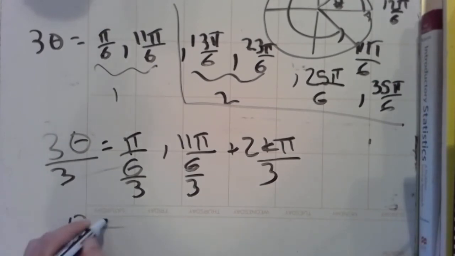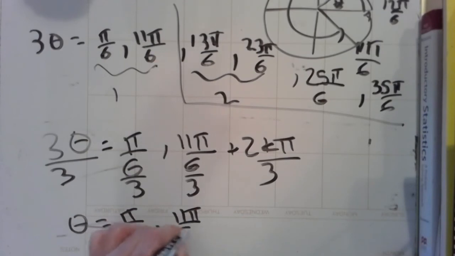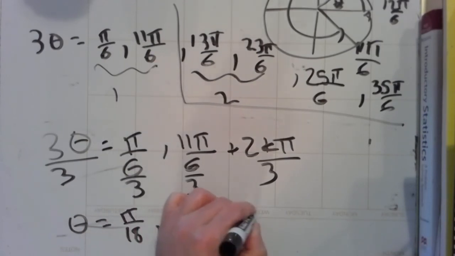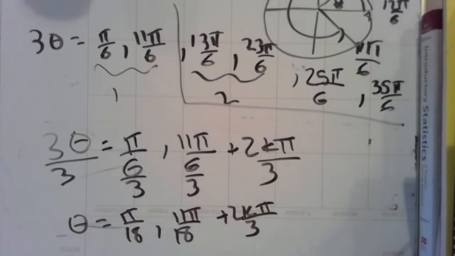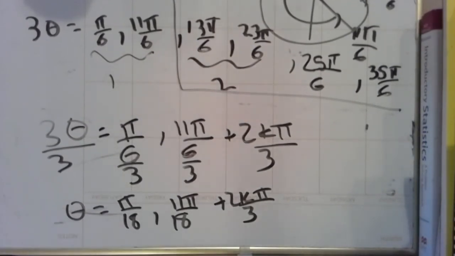So theta then is pi over 18, 11 pi over 18 plus 2k pi over 3. And if I wanted to find all the solutions, plug in k equals 0, there are my first two. We're going to have 6 total between 0 and 2 pi.